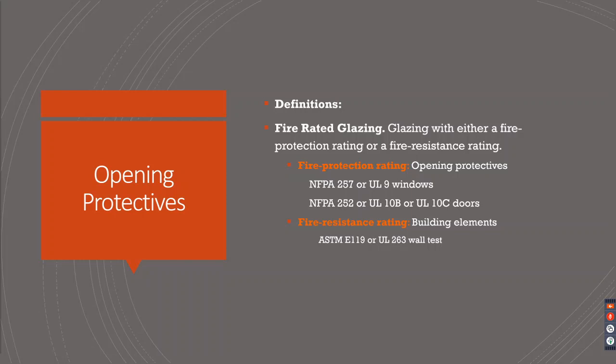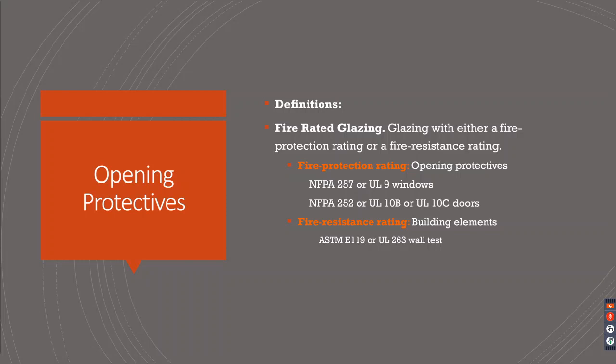And these definitions are in Chapter 2. Fire rated glazing, what we're talking about as a whole, is defined as glazing with either a fire protection rating or a fire resistance rating. Fire protection ratings are opening protectives tested at NFPA 257 or UL9 for windows, or NFPA 252 or UL10B or 10C for doors.